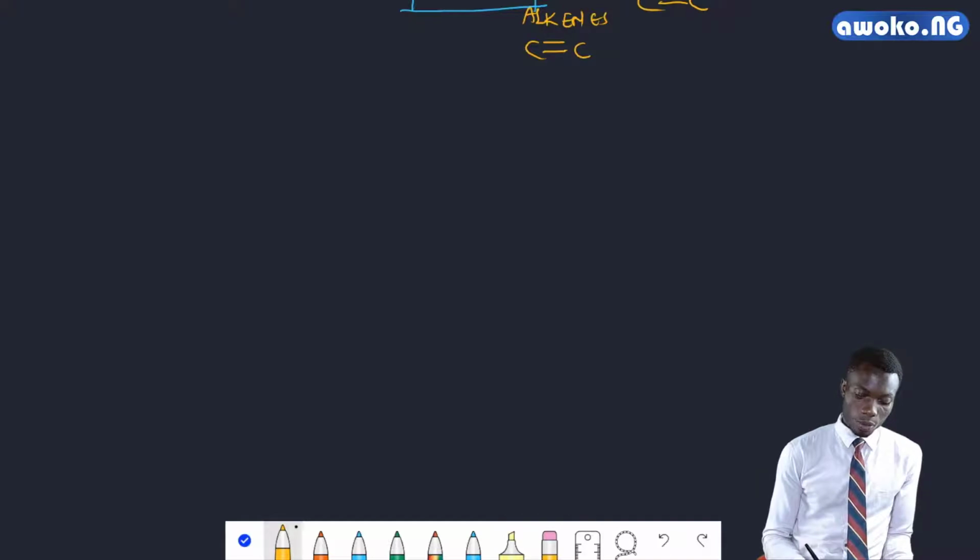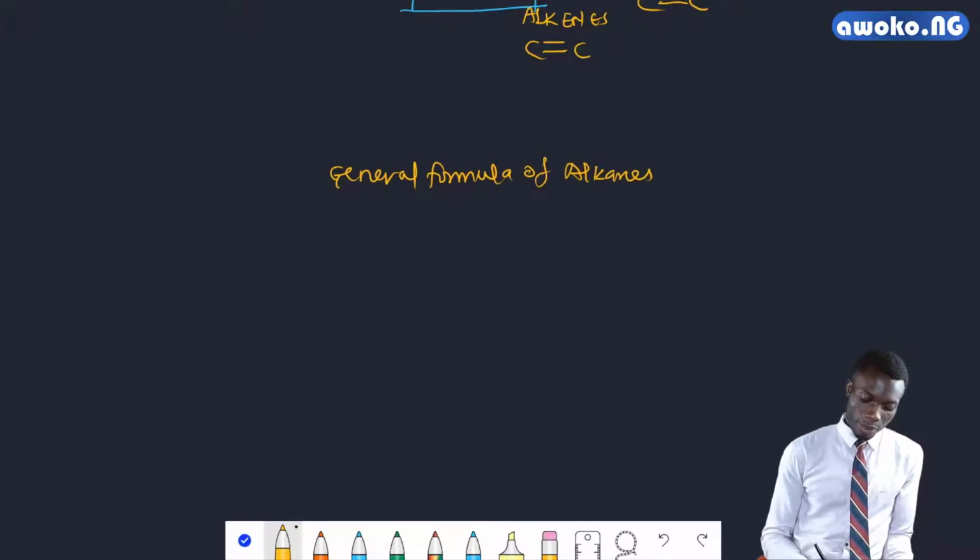Now, I have already told us that alkanes are single bonded and they have a general formula. So we consider the general formula of alkanes. And the general formula of alkanes is given as CnH2n+2.